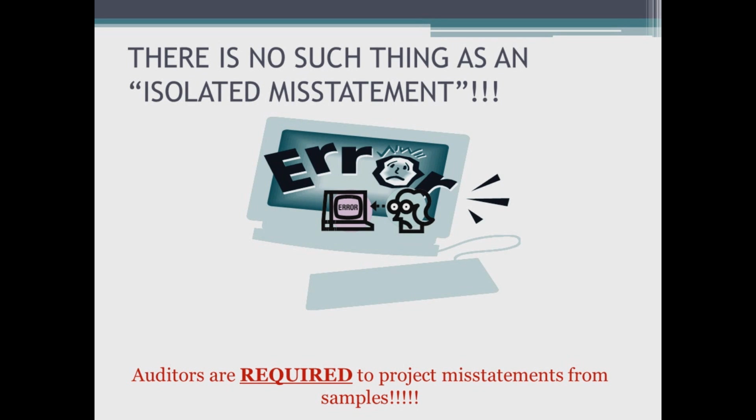So what do you think I mean by there's no such thing as an isolated misstatement? What does that mean to you? Well, yeah, because they're debits and credits, right? But that's not exactly what it means, unless I'm misinterpreting. Explain that a little more for me.